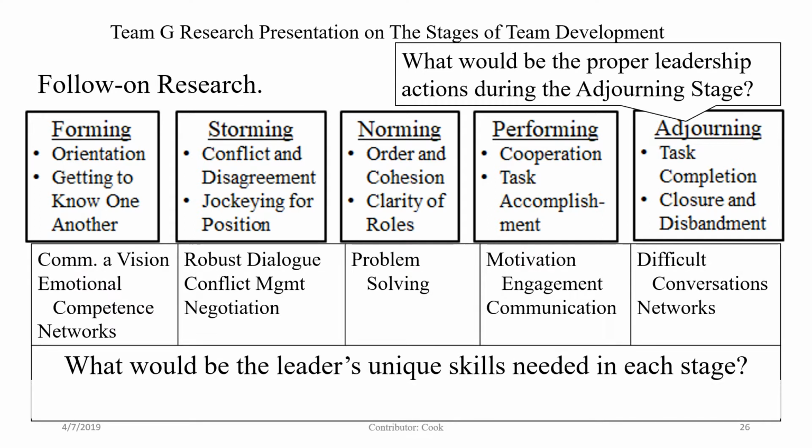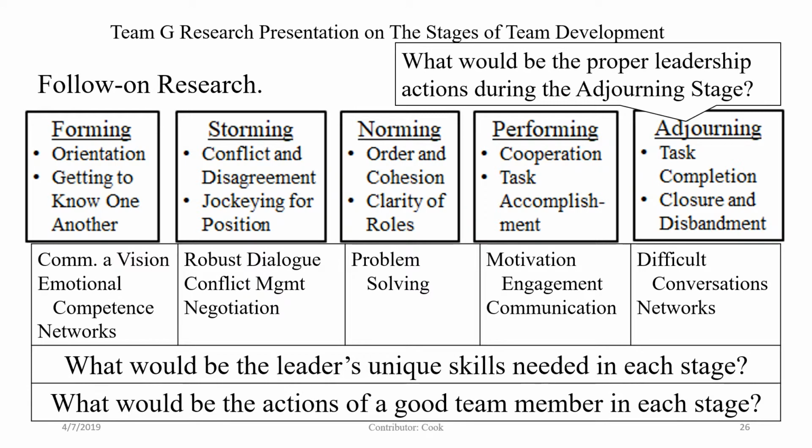What would be the team leader's unique skills needed in each stage, especially as they apply their soft power? What would be the actions of a good team member in each stage to support the team and its leaders as the developmental stages need changing?